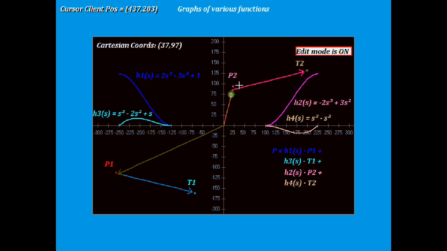And this one starts out with nothing and ends up at P2. So the combination of those two should take us directly from P1 to P2. And that's what those terms are for. Okay, here it is. Now this is the sum of the first and the third term with nothing to do with the tangents.